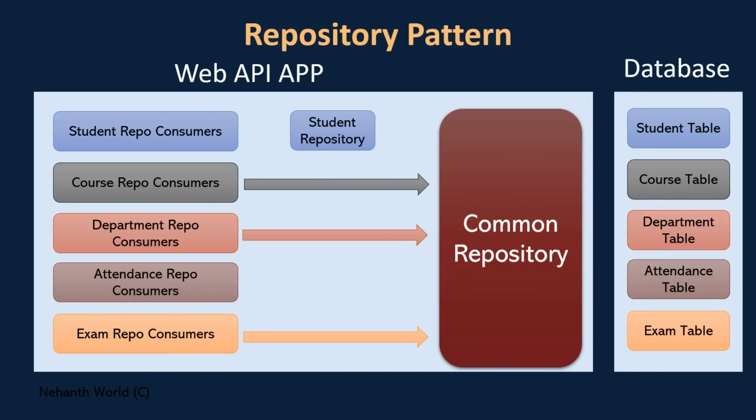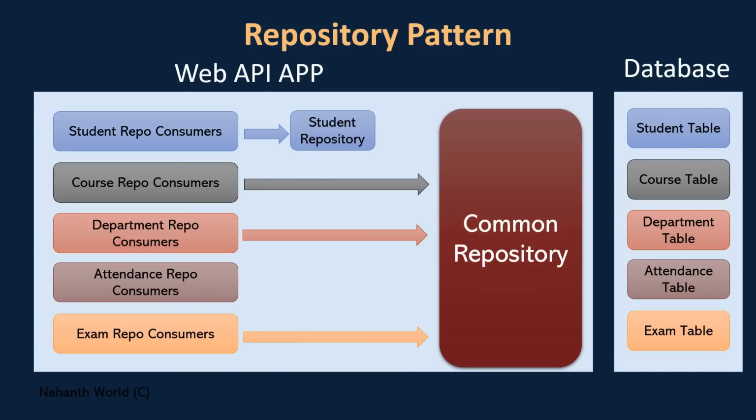If there is any student specific functionality, we can put that inside this student repository. Only a single method we have added inside this student repository, right? Now we want to use the common repository also. If you want to get all the students, you cannot put that code inside the student repository.